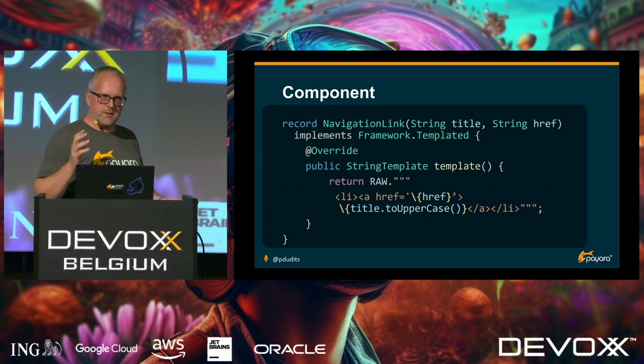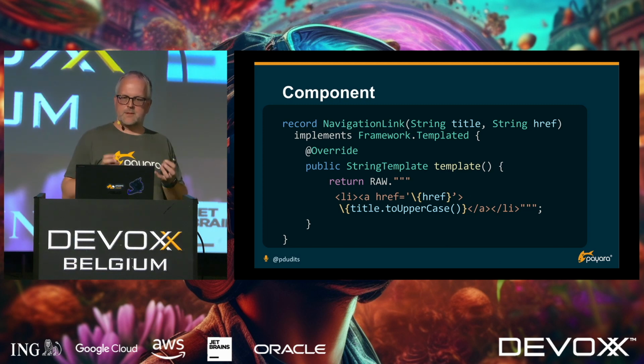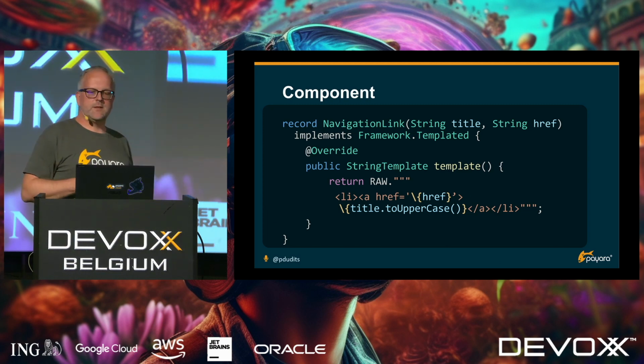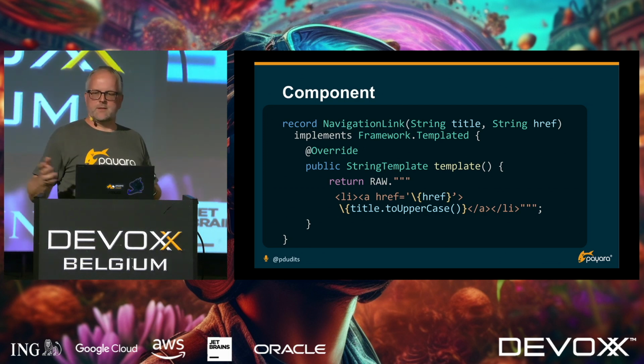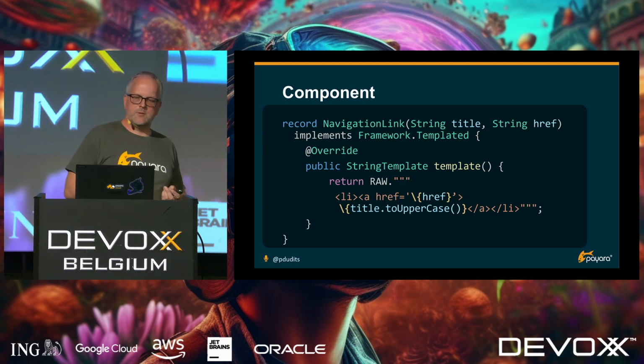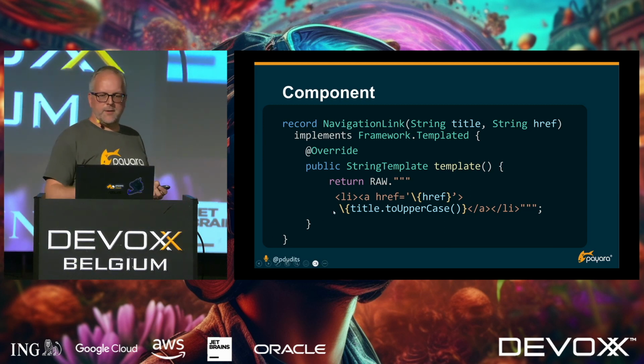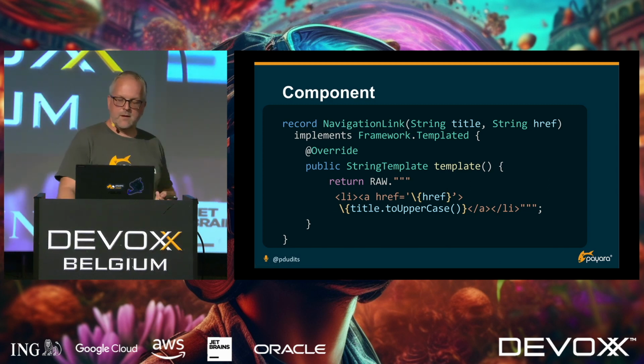So once I've got this, I might start building some pieces that I'm putting together, like a navigation on the top, when I know I've got a title for the link and where it needs to point to. And I use that small interface just to convert it into a template that goes like, yeah, it's a link.